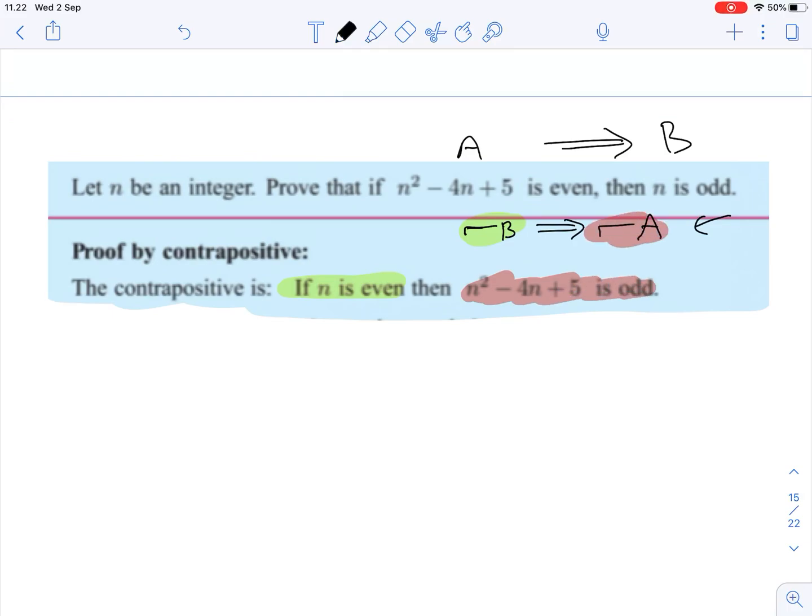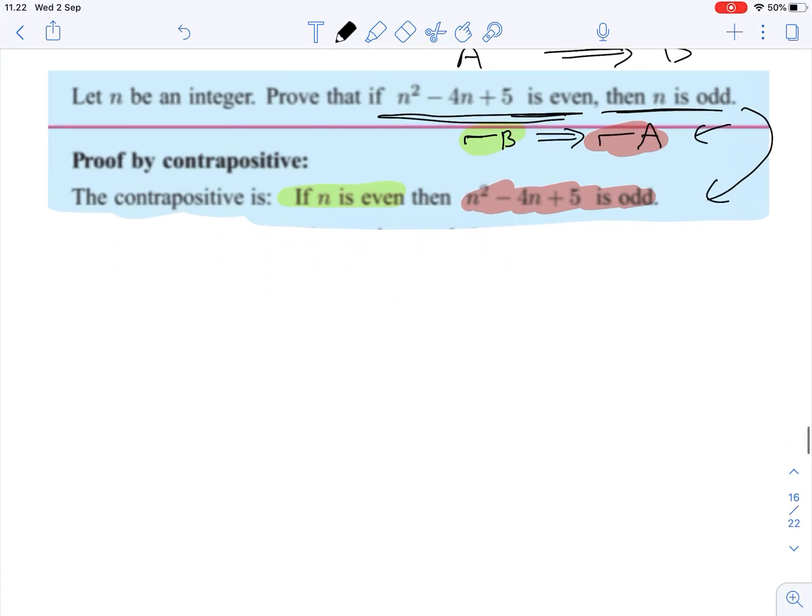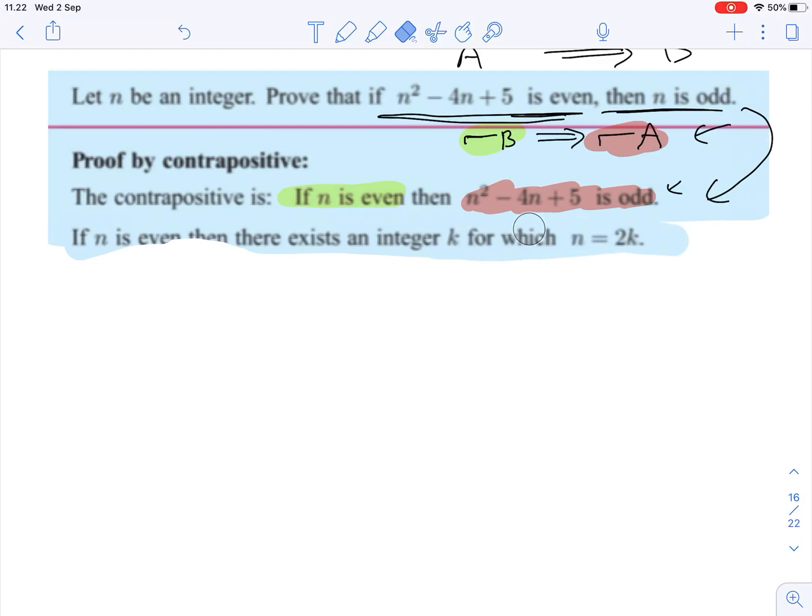And notice how this changes from the initial statement. So now we are going to try and prove that this is true. Let's do it. If n is even, then we can write our definition of what it means to be an even number: there's some integer k such that n equals 2k.